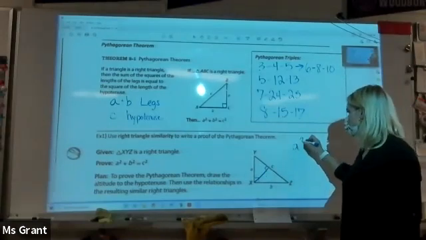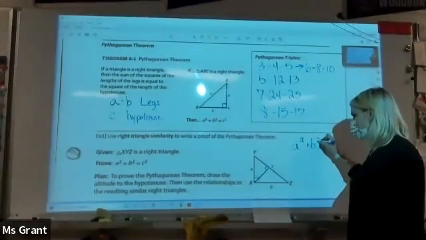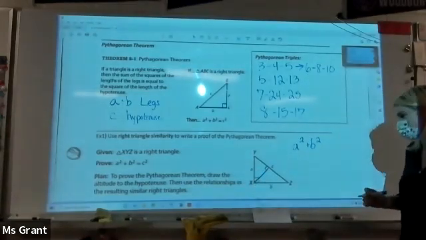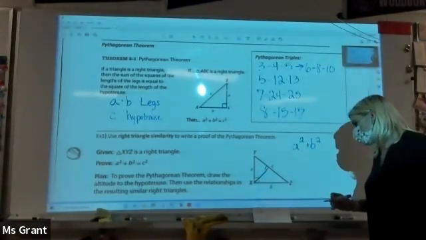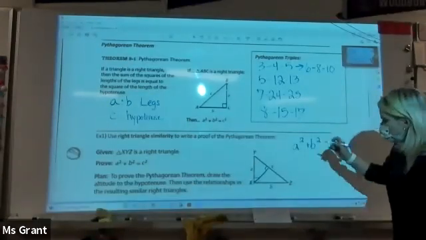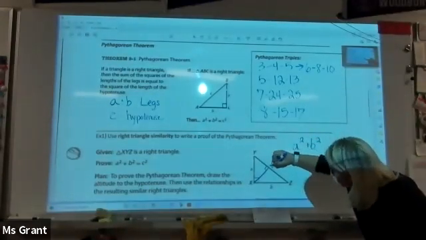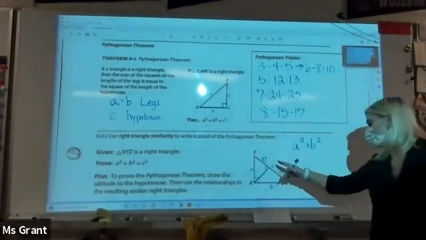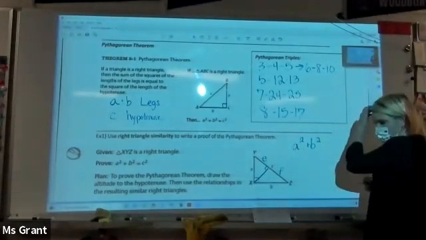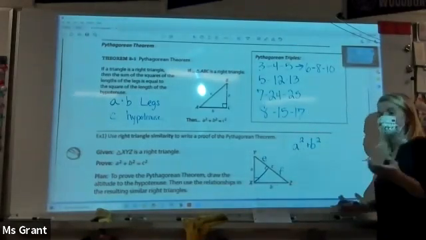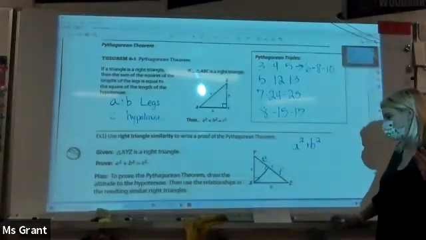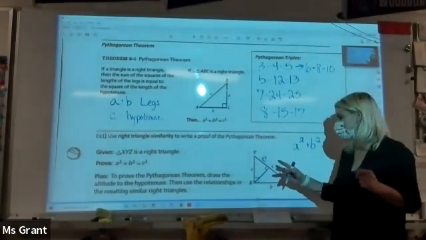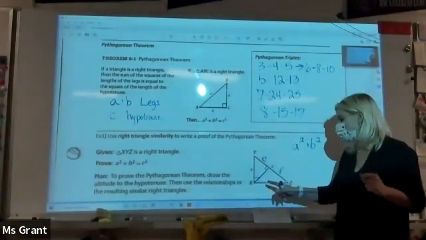So I want you to know that a squared plus b squared equals, here's what I'm going to do. I'm going to say that from here to here is E, and from here to here is F. It looks like what we were doing with geometric mean, but I split these two up.